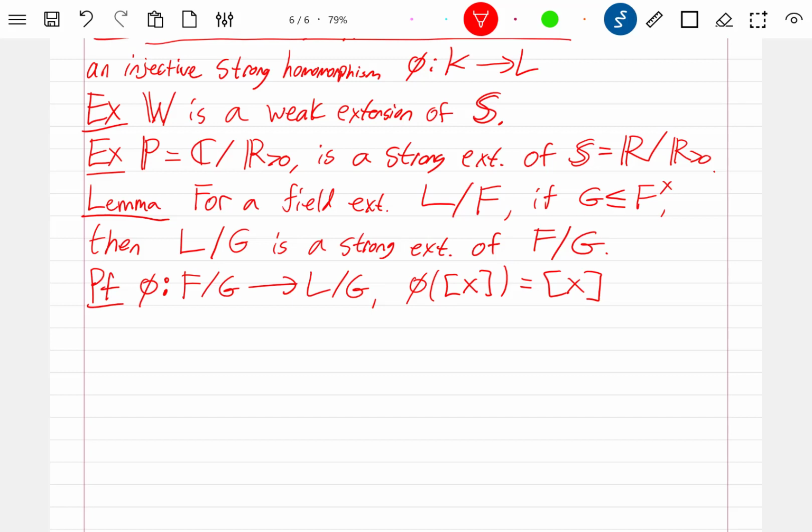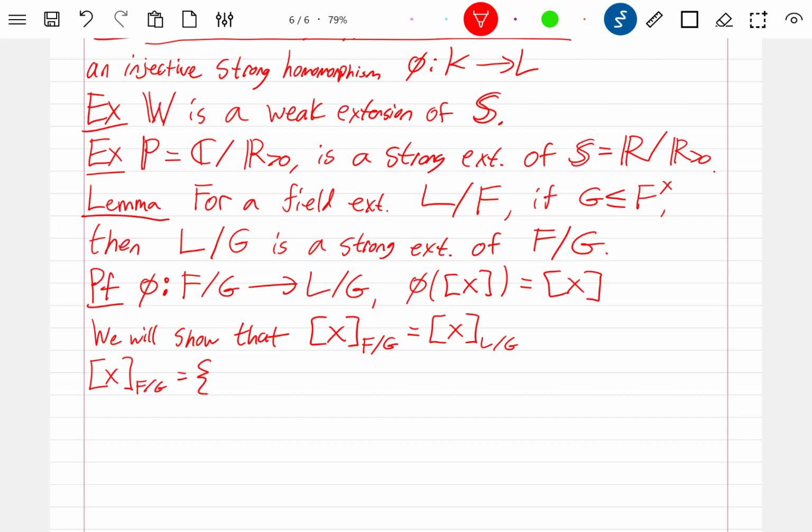So kind of the first thing to show is that the equivalence class of x, when we think of this as an element of F mod G, is the same as the equivalence class of x when we think of this in terms of L mod G. This is a bit clear, since the equivalence class of x in F mod G is just going to be the set of x times g, where g is in G, and these are elements of F. But this is exactly the same as the equivalence class of x in L mod G, except these are now allowed to be elements of L. But since x is in F and g is in G, all of these elements will still be the same.